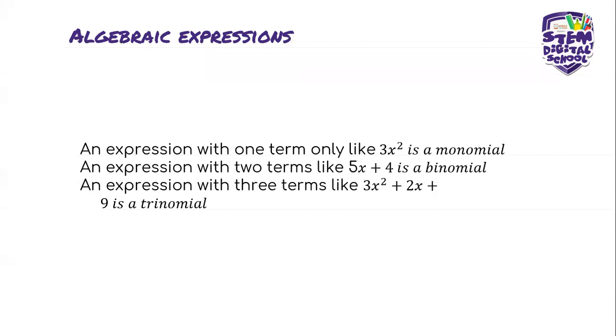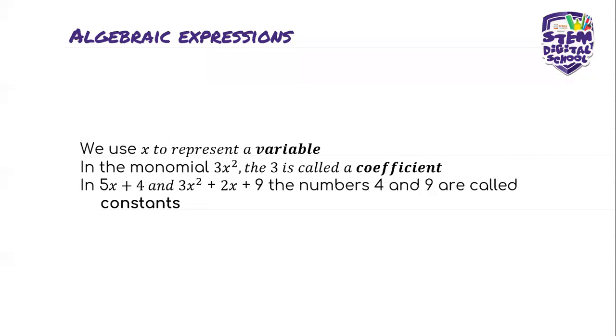Now I'm going to give you an activity in the form of a table. Before I do that, let me finalize the explanation, which I was about to wrap up in this lesson. We use x to represent a variable. Not only x, but it can be any symbol.